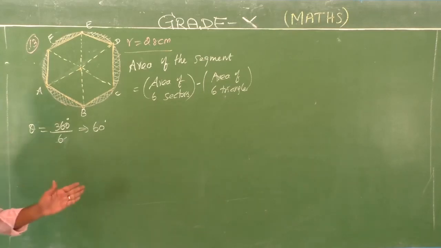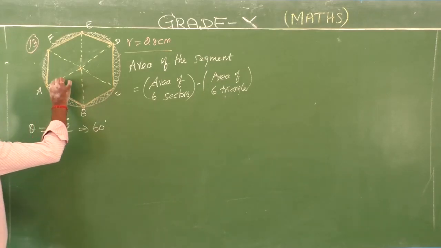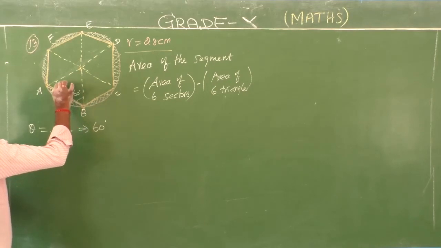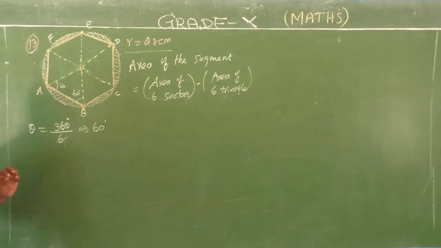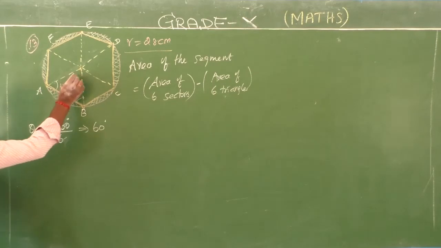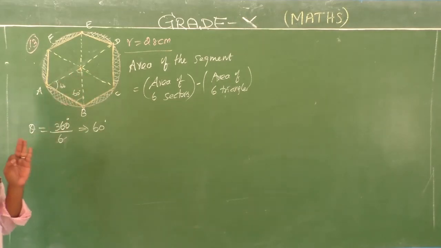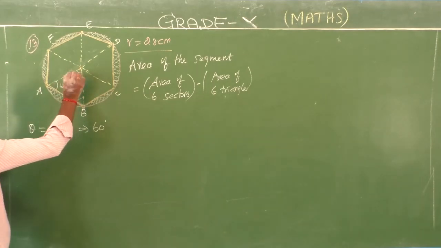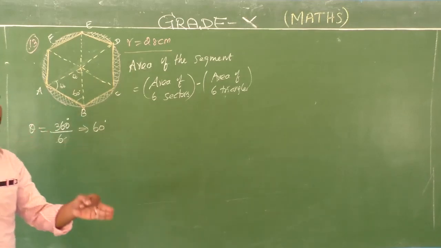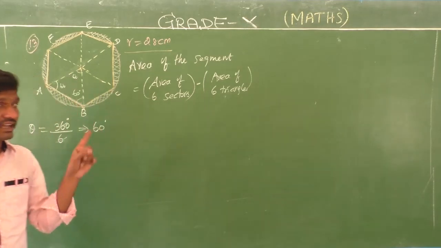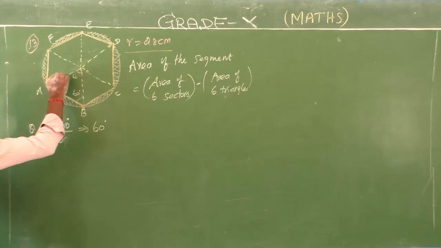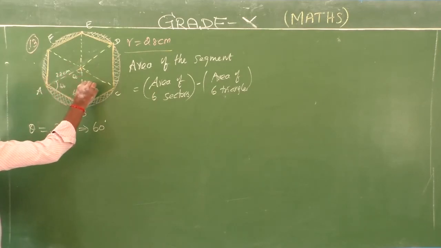Before that I want to give you one thing. Look at the diagram. These two angles should be 60 degree, and next this angle also you are going to get 60 degree. Why? Because already we have completed question number 4 or 5, the same question. All the radii are equal.